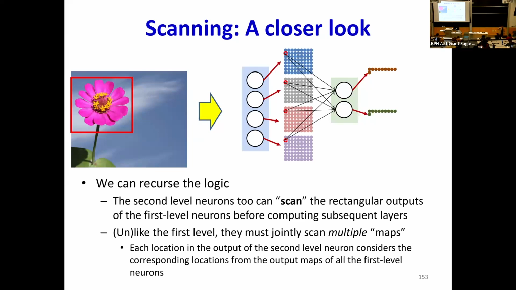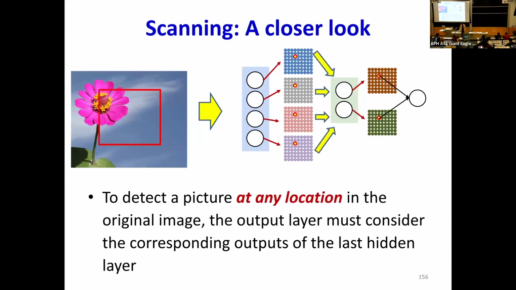I'm calling them maps because they're arranged in the same manner as the input itself, and they're basically forming a map of detections by the first layer neurons, right? And so I can just do this. And now if I want to classify this little block, I just have to pick up the corresponding locations from the outputs of the second layer neurons and pass them through the softmax and I'm done. Everybody agree? You guys, yes or no? Okay.